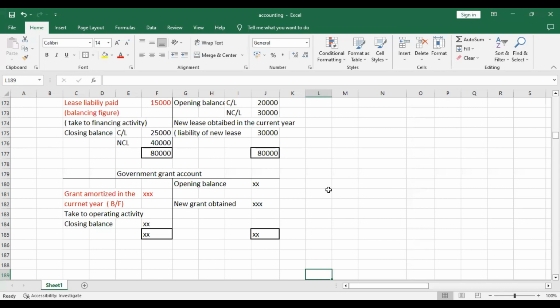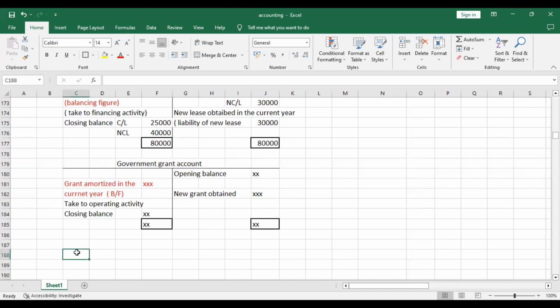Then the most important thing is to prepare the cash flow.